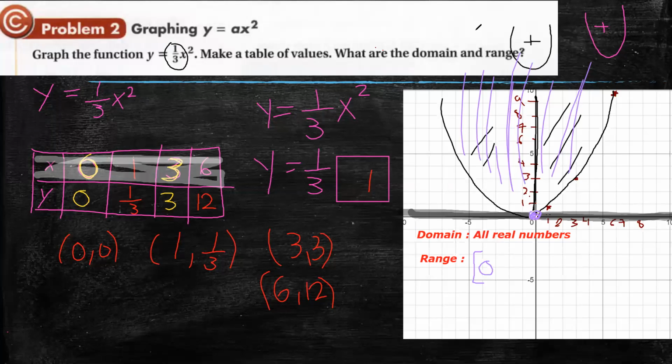You say it starts from 0 until positive infinity. You start from 0 upward, from 0 to infinity. Now, at infinity, you must put this type of bracket. And at 0, you must put this closed one. This closed one means the 0 is included.